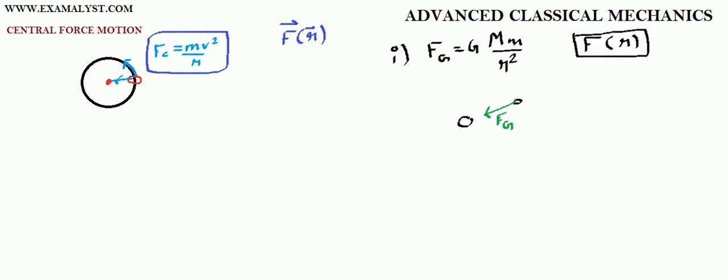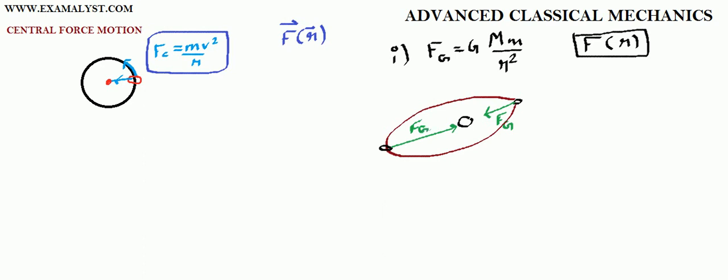In this case, the closed path will be an ellipse. Wherever the earth is, the force of gravity will act towards the sun. So the force of gravity acts like the centripetal force.